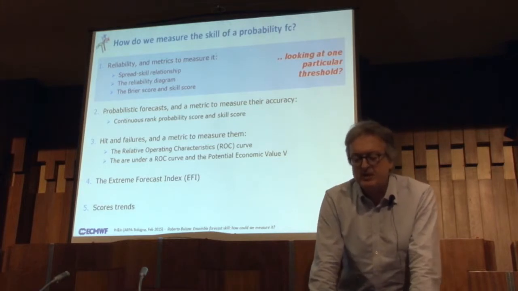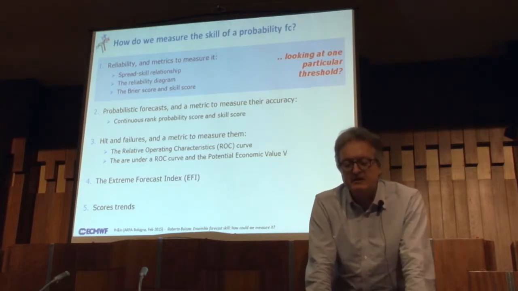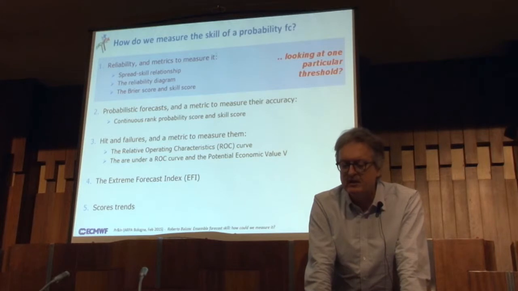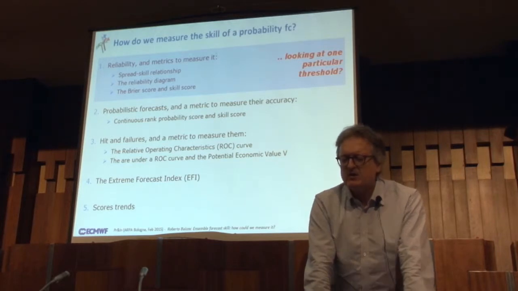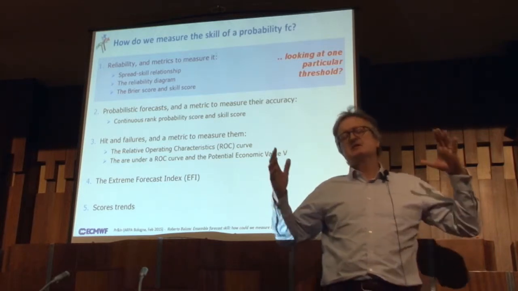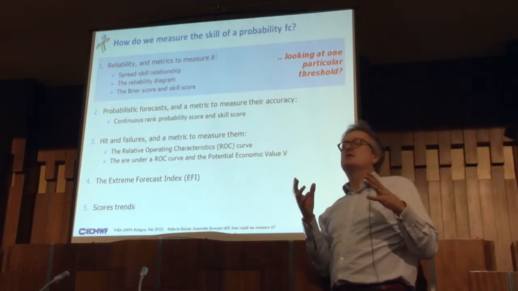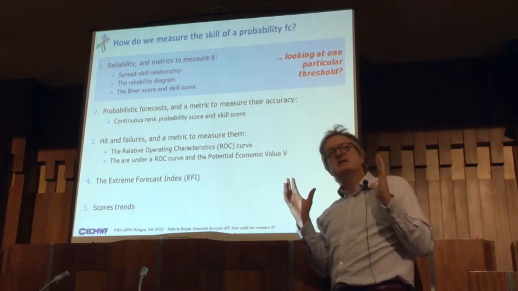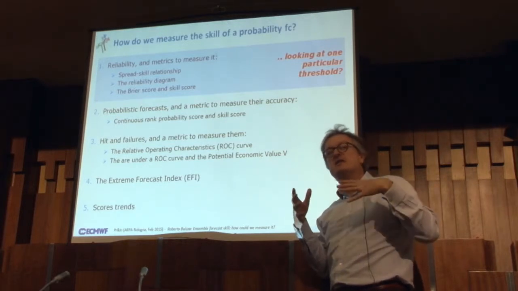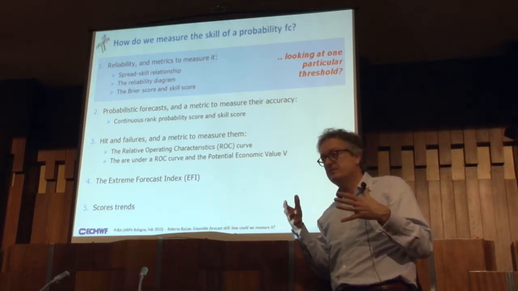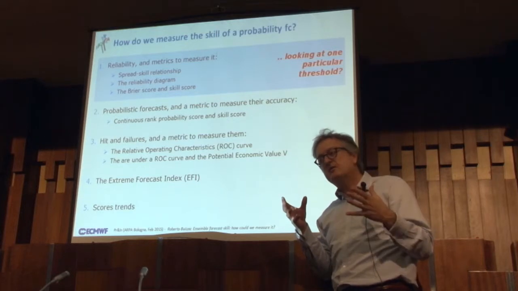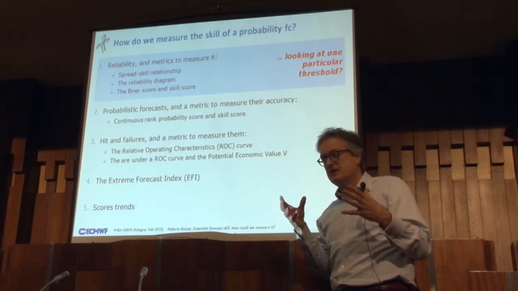These are the topics that I was planning to discuss. I might skip some, as I said. Because the probabilistic system, ensemble system, provides you with a lot of information, there are different ways of looking at its accuracy, and it depends on what you want to do with it. So it also depends on the user application, okay?